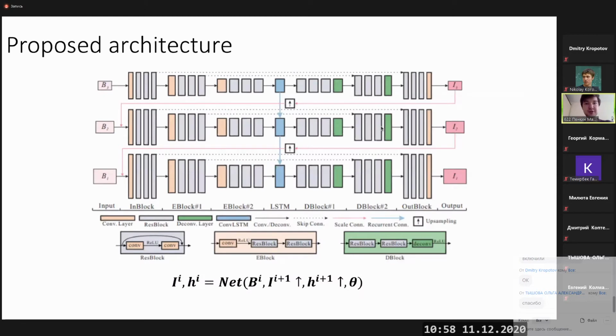So here we see the architecture proposed by the authors. It is the so-called cascade architecture, which is composed of 3 units. So here 1, 2, 3, and each unit model processes the image in different scale. So here is the same image, but in different scales.